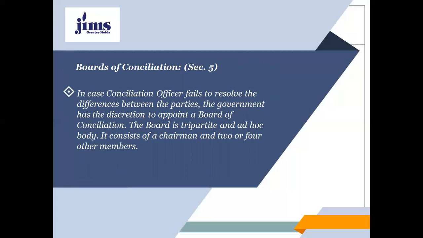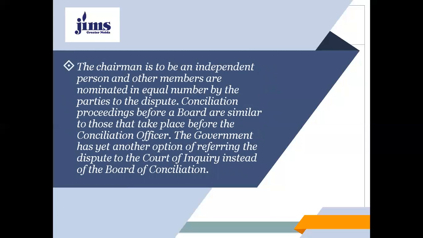And then we talk about the Board of Conciliation, given under section 5. In case the conciliation officer fails to resolve the differences between the parties, then the government has the discretion to appoint a Board of Conciliation. The board is a tripartite and ad hoc body, and it consists of a chairman and 2 or 4 other members.